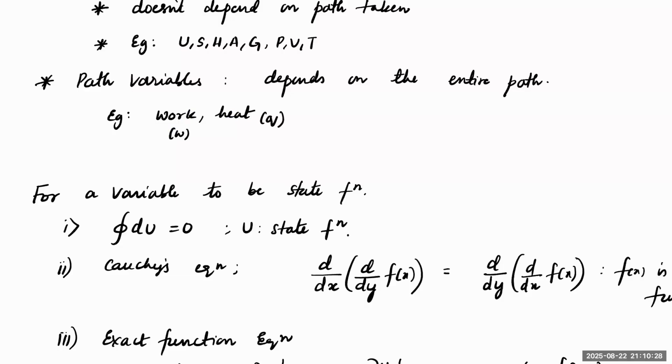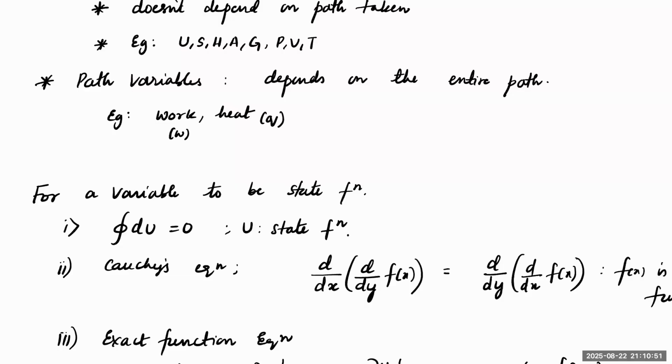Now, mathematically, what you need to learn. See, if a new parameter x is given to you, and you need to figure out whether it is more path related or more state related, then you should be able to mathematically prove whether it is a state variable or a path variable.